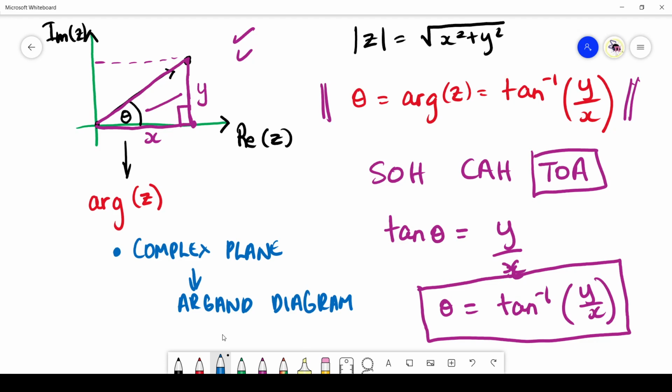And with all vectors, all straight lines, you can do two things. You can find the length or the modulus of the line, and you can also find the angle. But for complex numbers, it's called the argument. And for both, you have formulas, okay? So for the length, this is the formula. For the argument, this is the formula.